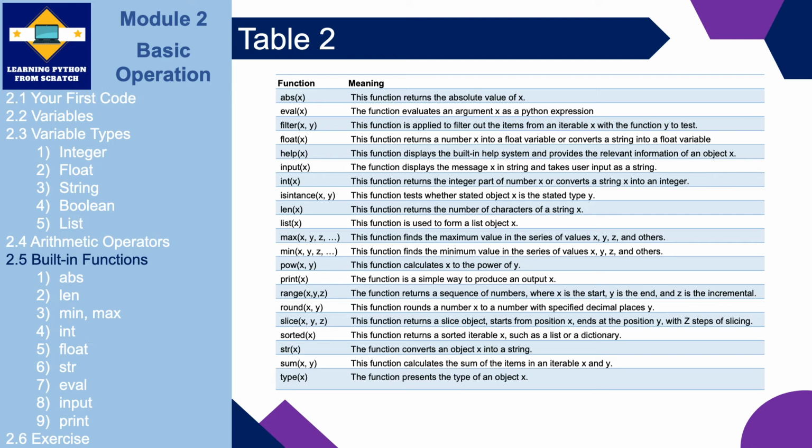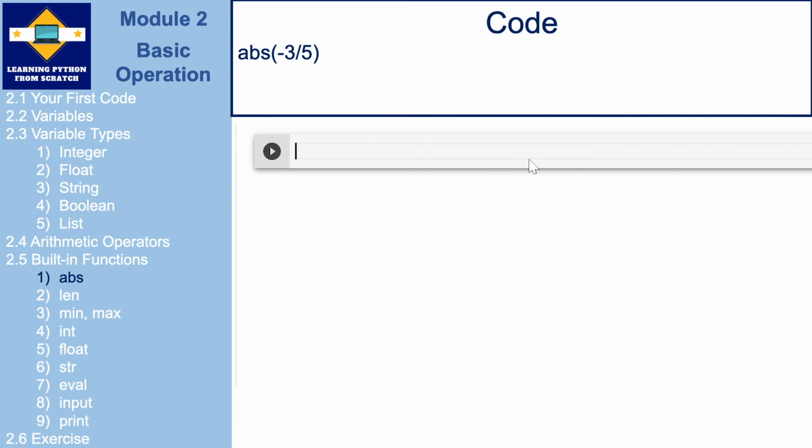Table 2 provides a list of commonly used built-in functions, including absolute value, length, minimum, maximum, integer, float, string, evaluate, input, print, type, power, round, range, isinstance, list, slice, sorted, sum, filter, and finally help. Now, let's try some examples to get familiar with the built-in functions in Python.